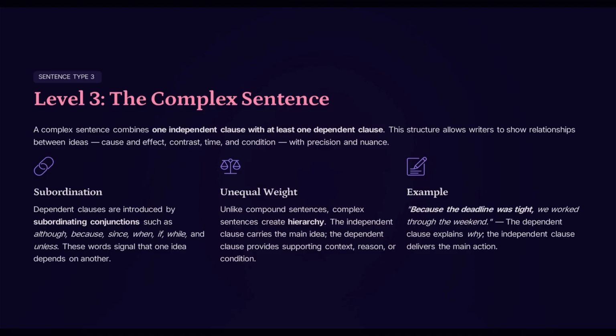Level 3: the complex sentence. A complex sentence combines one independent clause with at least one dependent clause. This structure allows writers to show relationships between ideas, cause and effect, contrast, time, and condition, with precision and nuance.